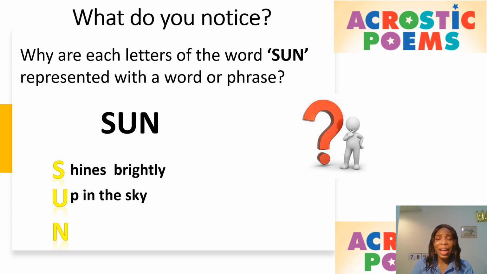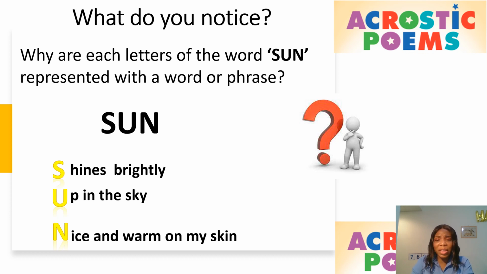Wow. And I think these letters all relate to the word sun. We all know the sun shines brightly. The sun is also up in the sky and not beneath. You see, the sun is also nice and warm on our skin.